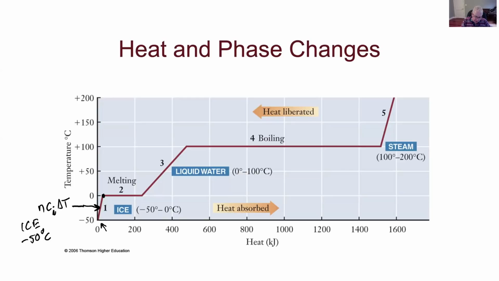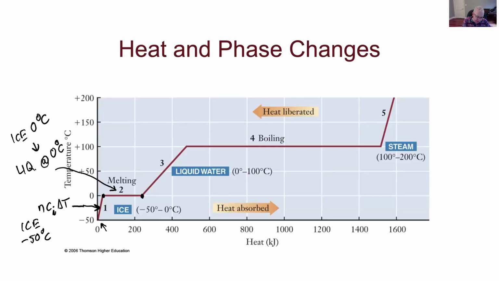So here on this line, that's taking ice at 0 degrees C and converting it to liquid at 0 degrees C. That's what corresponds to process number 2, where it says melting.